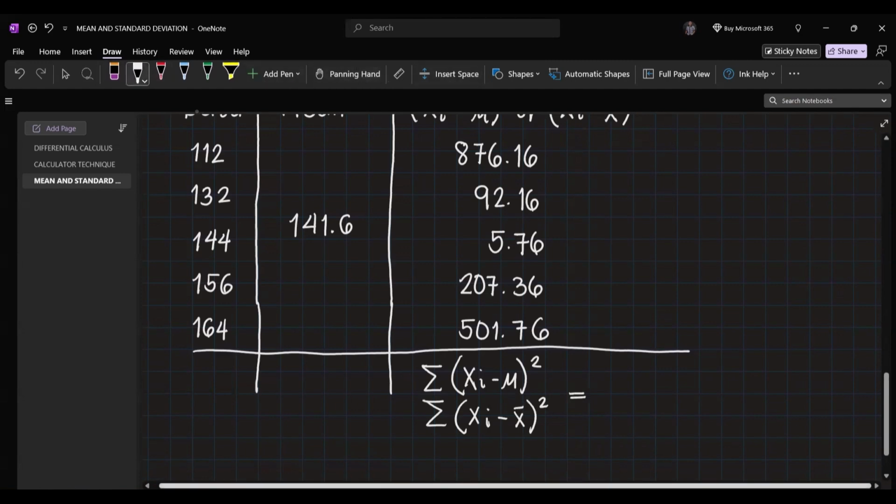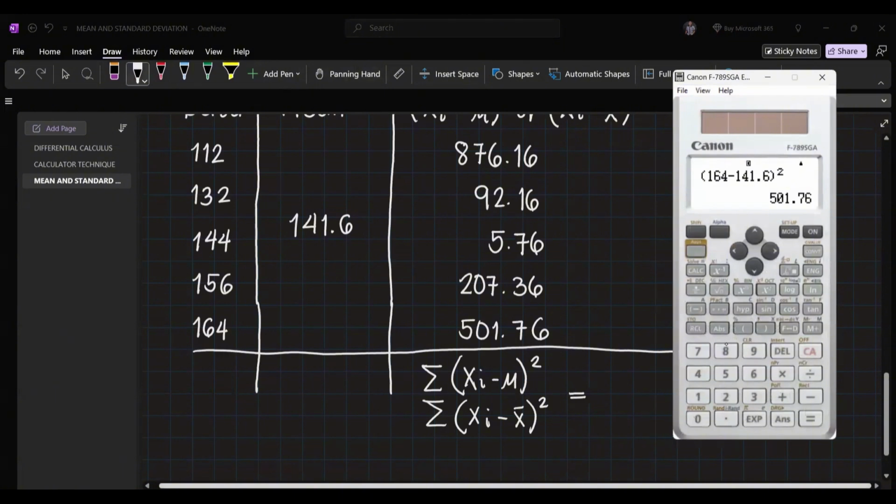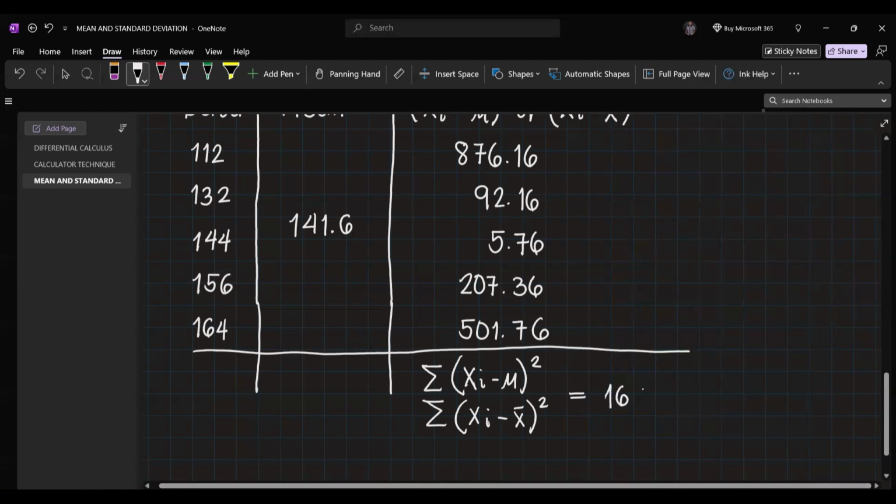So, this is, calculator natin, 876.16 plus 92.16 plus 5.76 plus 207.36 plus 501.76. So, this is 1683.2. So, yan yung sum na nakuha natin.